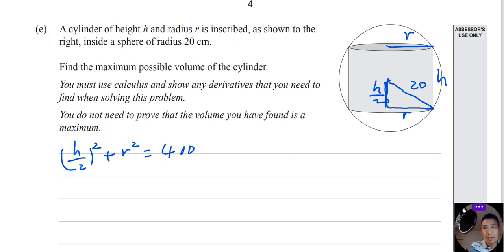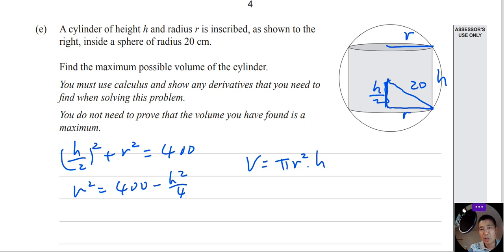Now, I'm gonna make r squared the subject. So r squared is 400 minus h squared over 4. Because the volume is pi r squared times h, I plug 400 minus h squared over 4 into r squared.